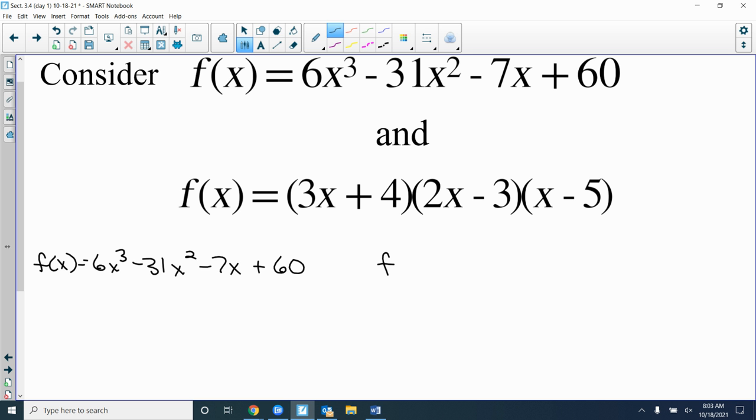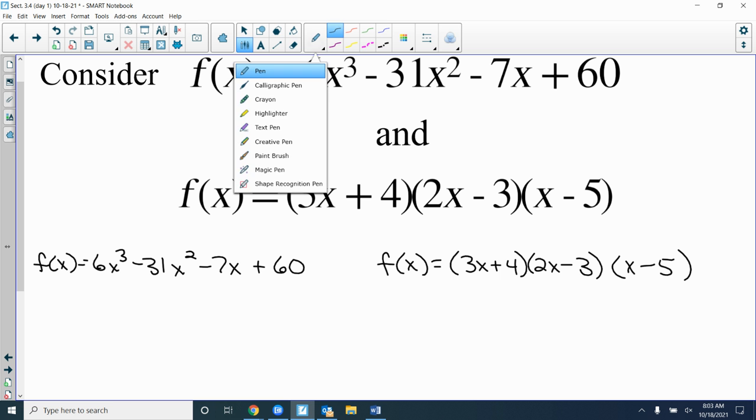And then we got f of x equals 3x plus 4 times 2x minus 3 times x minus 5.